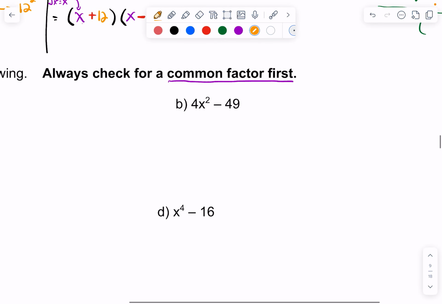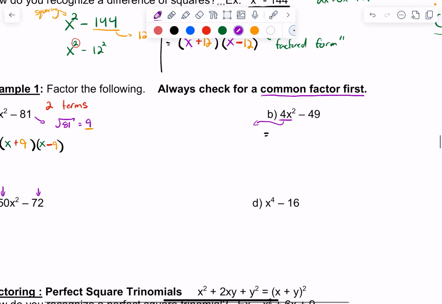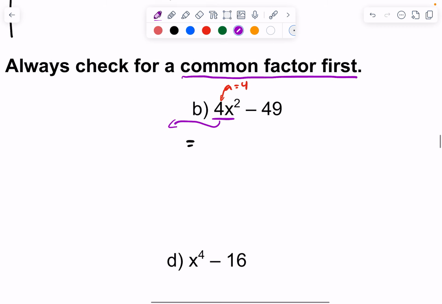Okay, so try it again here. 4x squared minus 49. That is a difference of squares because 4x squared, we'll do our math over here. And with this one, the only difference that we're seeing between all the other examples we've done so far is that we have this a value here. A is technically 4. So when you're looking at whether or not something is a difference of squares, you need to include both the number and the variable, x squared.